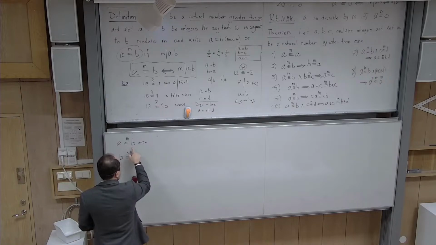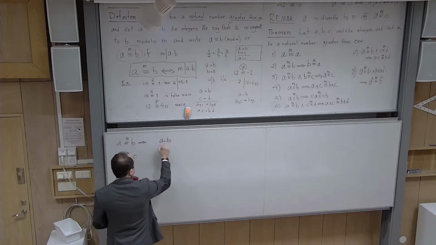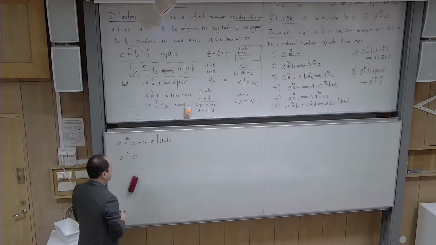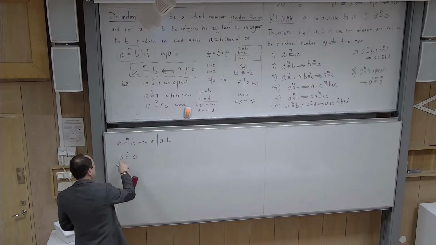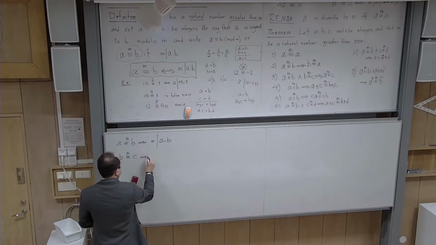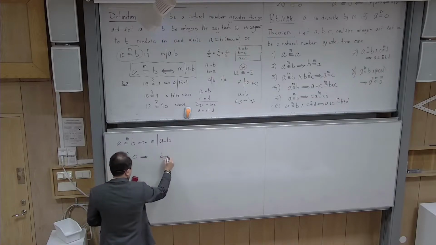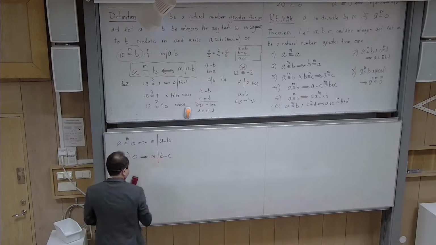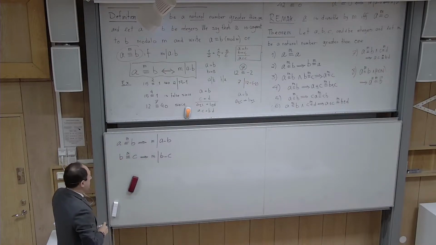This means that if I write the number on the left minus the number on the right, this becomes a number which is divisible by m. And when you tell me this, I am allowed to conclude the same thing for this. It means that the number on the left minus the number on the right is divisible by m. Yes?